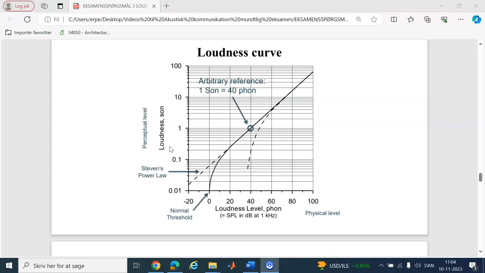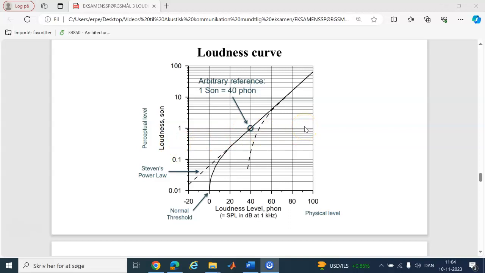The loudness is an exponential function of the loudness level, the SPL level. And if you put an exponential function on simple logarithmic paper, with the first axis normal and the second axis logarithmic, you get a line.